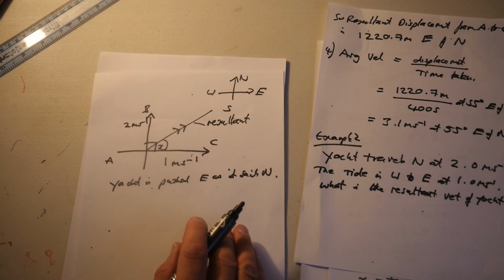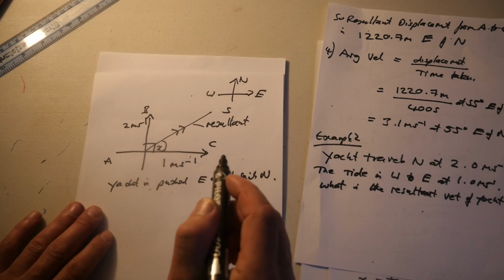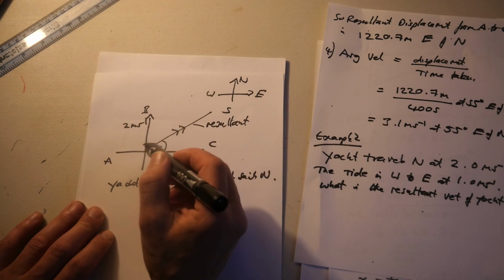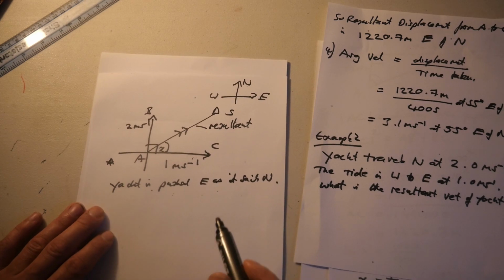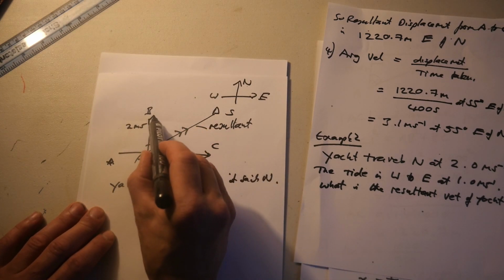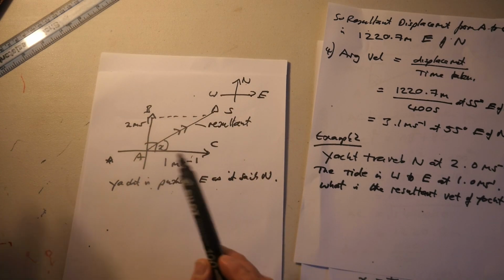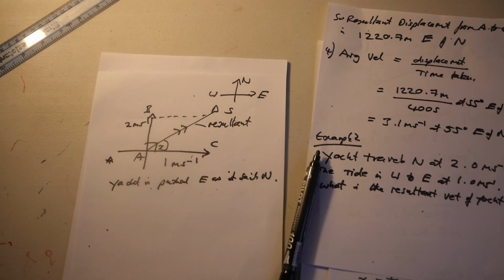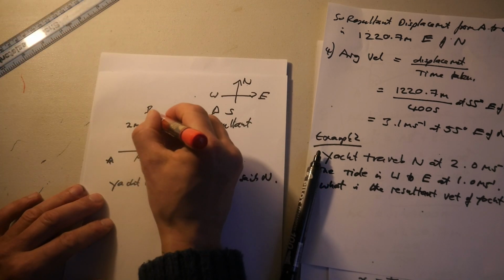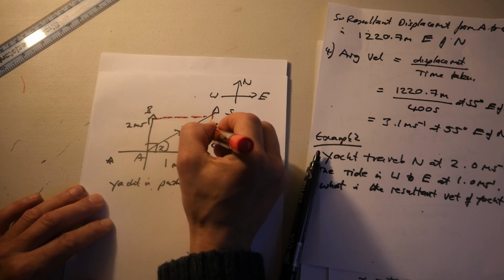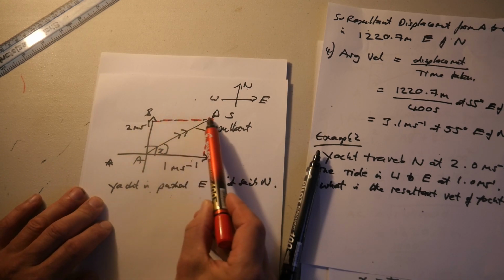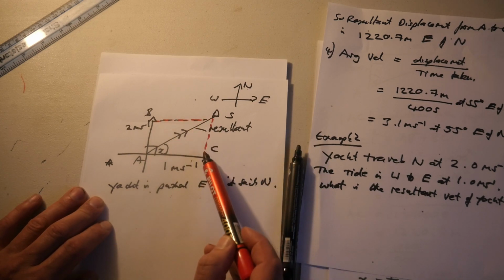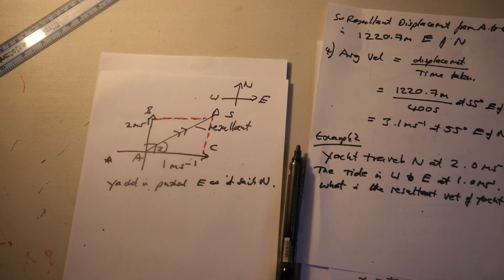So what you say is that you have A there, B, and that's D. Maybe I should put these in red, it's a bit clearer. So that length is 1 meter per second, and this is 2 meters per second.